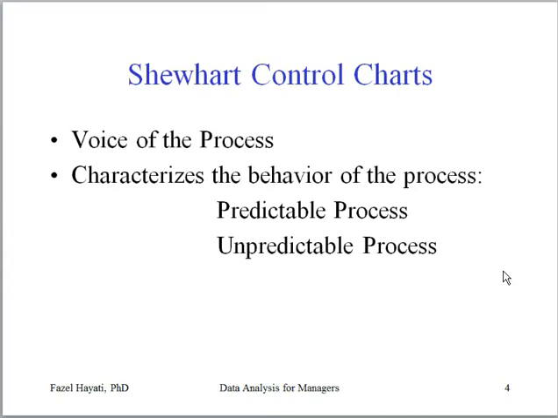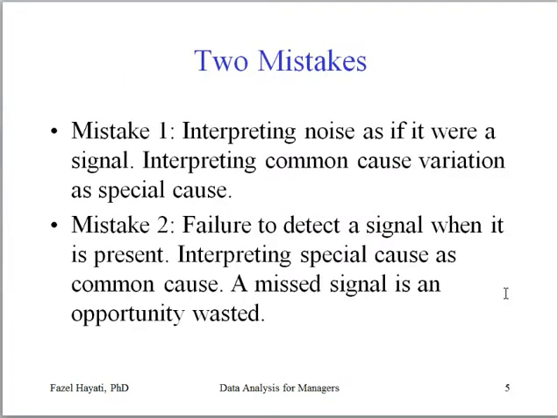So a Shewhart control chart characterizes the variation into two types: predictable variation, which is produced by a predictable process; unpredictable variation, which is produced by an unpredictable process. The distinction between these two is very, very important. So the control chart is the voice of the process that communicates to us the behavior of the process.